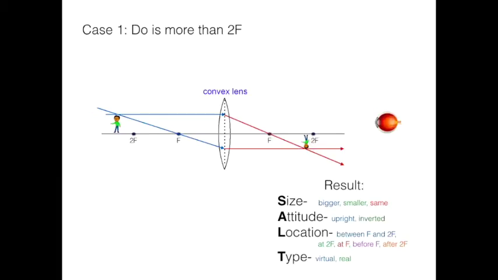And there you have your image. It is a smaller image, an inverted image located between f and 2f, and a real type of image.